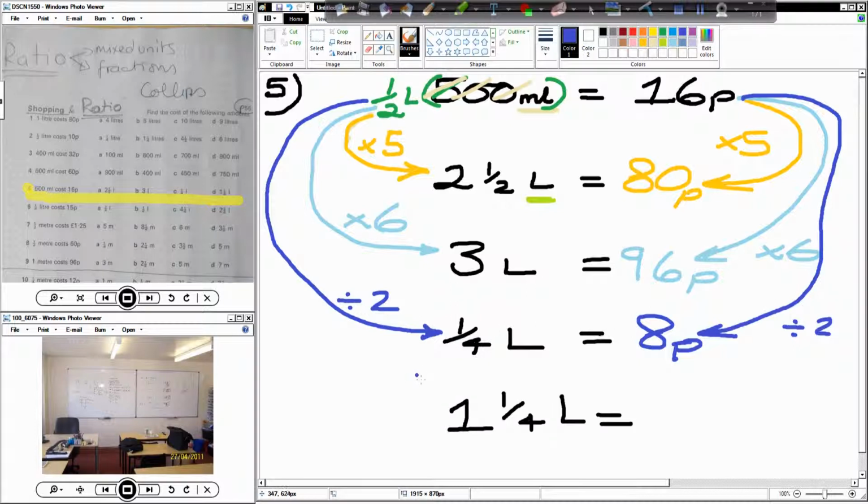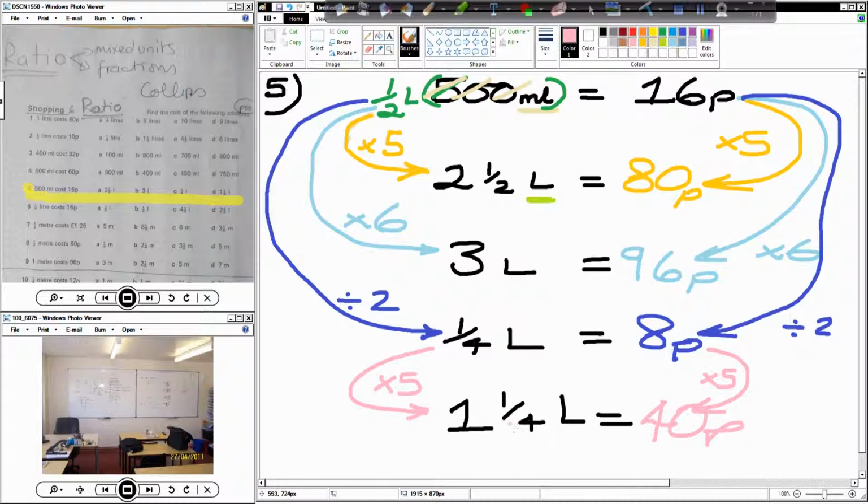A quarter, because 1 1/4 is a multiple of quarters. How many times? 5 times. So quarter times by 5. 8p times by 5 is 40p. And that's the end of that question.